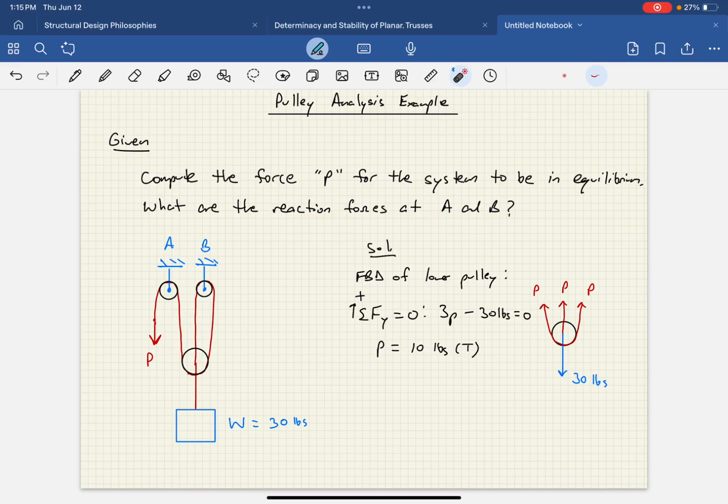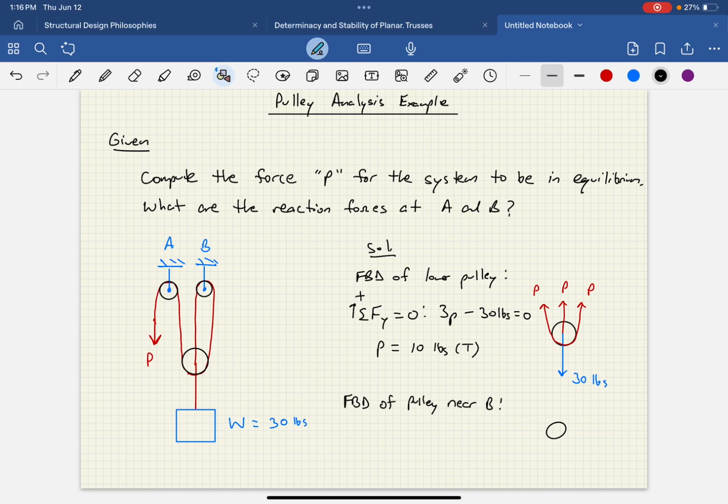So what do you think I'm going to do next? Well, next, I'm going to look at a free body diagram of B. And I'm going to do the same kind of thought process with this free body diagram at B. So I'm going to go ahead and say look at a free body diagram of the pulley near B. So when I do that, I'm going to have this pulley here.